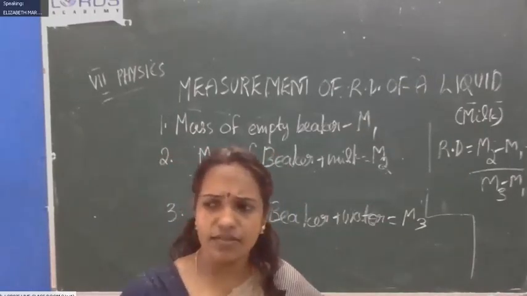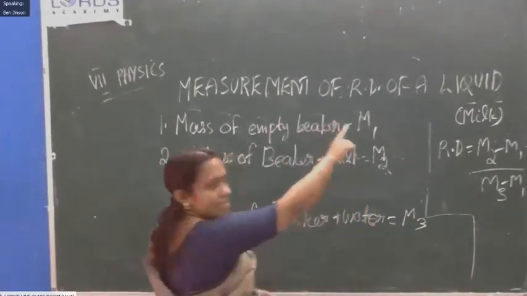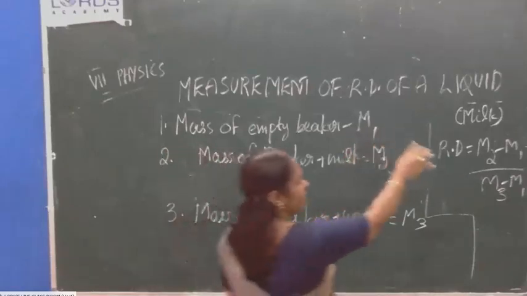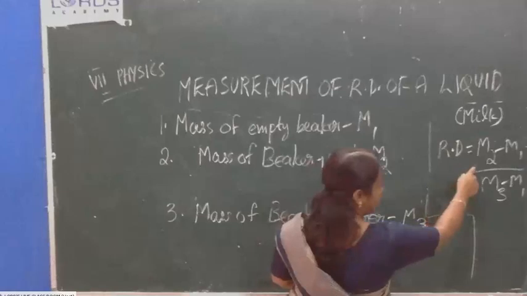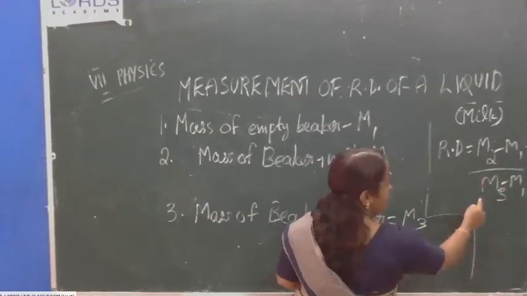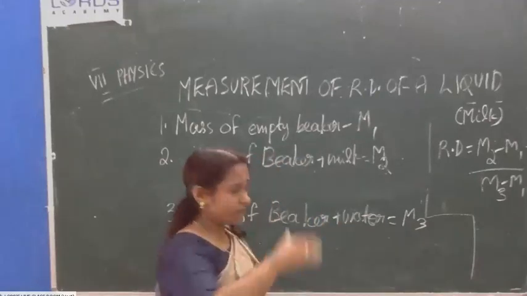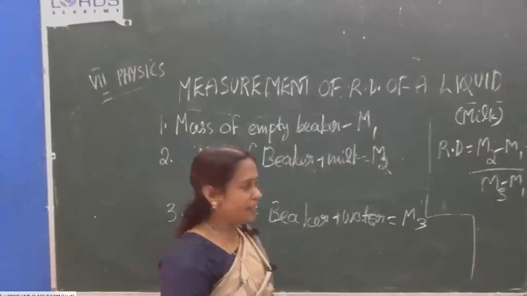Sorry, ask it again. See, just give the heading measurement of relative density of liquid. Then write the equation: relative density is equal to M2 minus M1 divided by M3 minus M1. Under the equation, we have to specify the terms. Otherwise, if you are by hearting, no use.